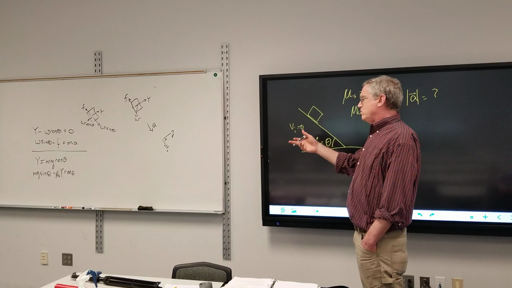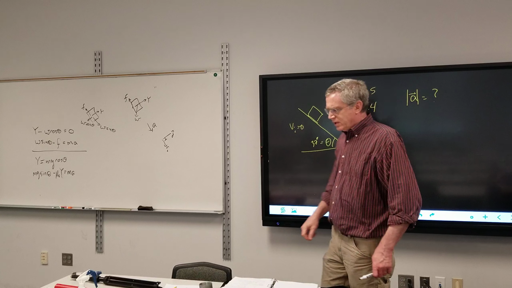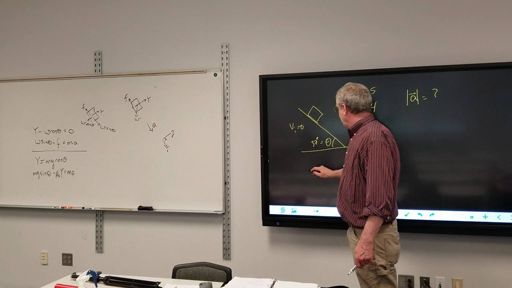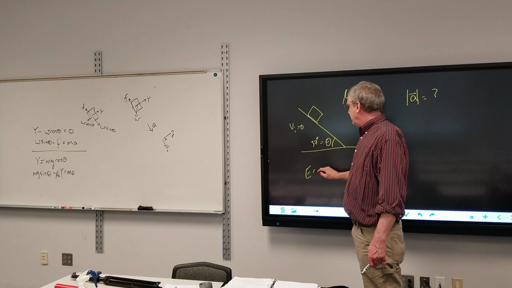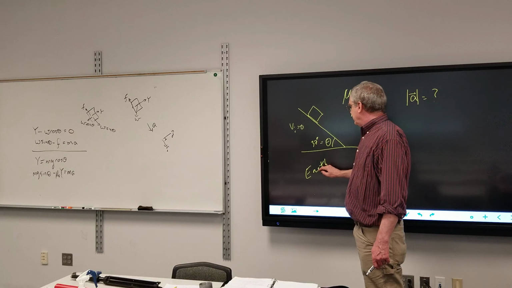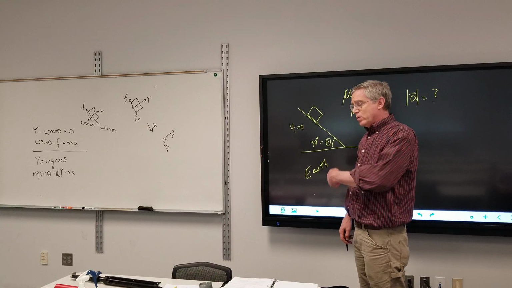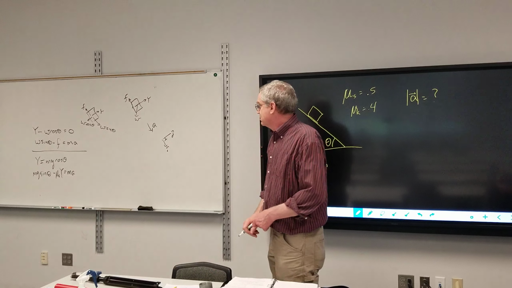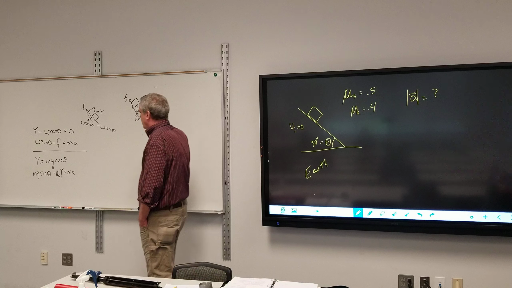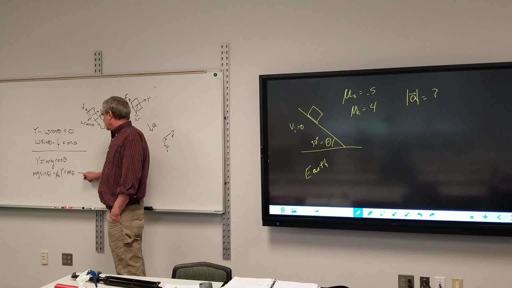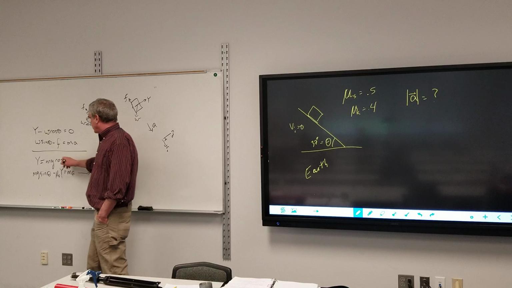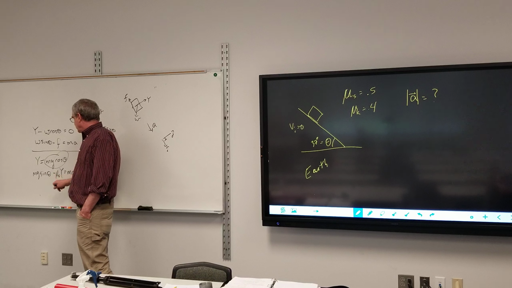I know g, once I assign a planet. That's supposed to be the word Earth. So it's a matter of solving. I'm just going to take my value for N here and plop it in for N.